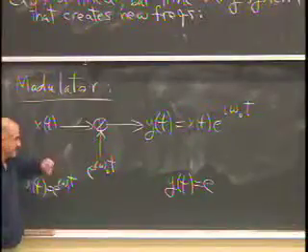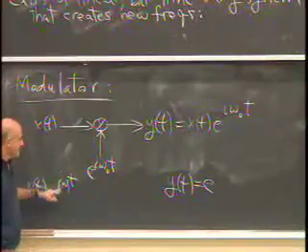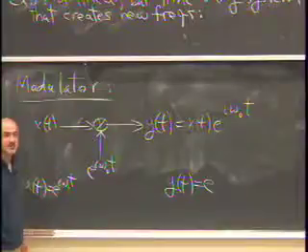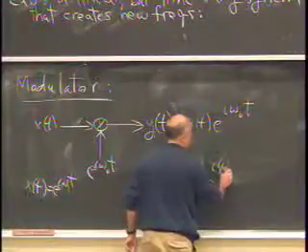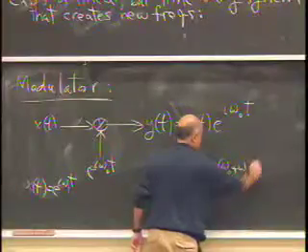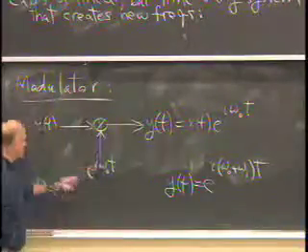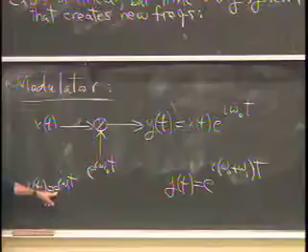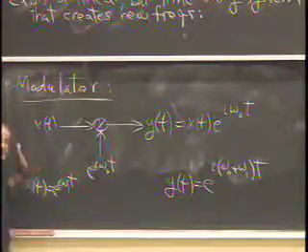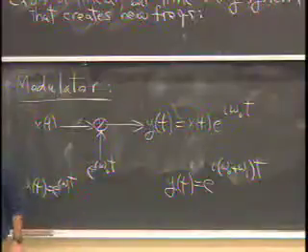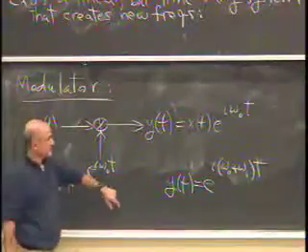It's not a trick question. Omega naught plus omega 1. So the modulator actually shifts the frequency of the input. This particular modulator shifts the frequency of the input by omega naught. So this frequency goes in, this frequency comes out.